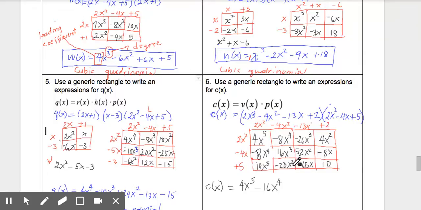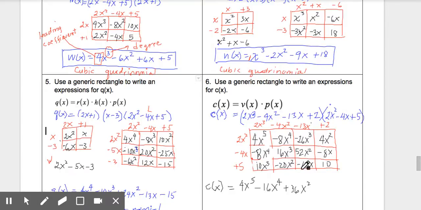Then it is followed by x squared. So add the positives, 4 plus 52 is 56, and we take away the negative, so 56 minus 20 is positive 36x squared.